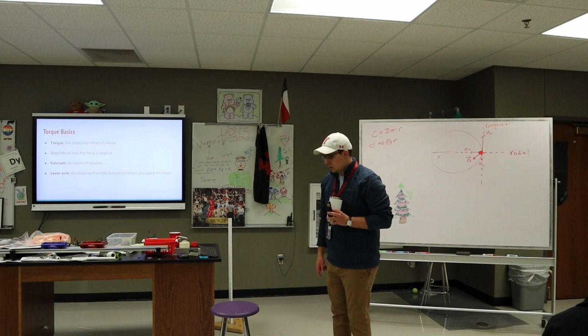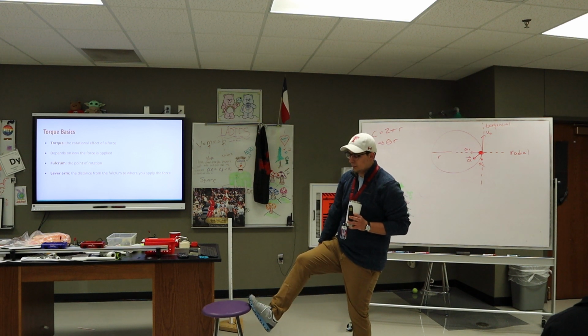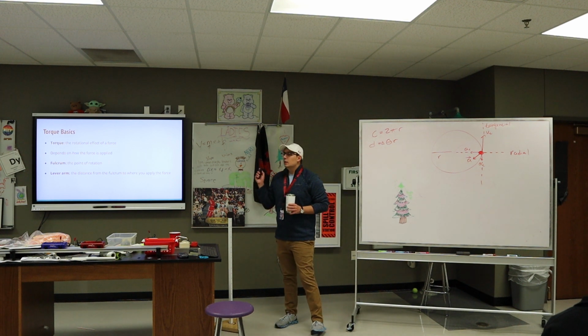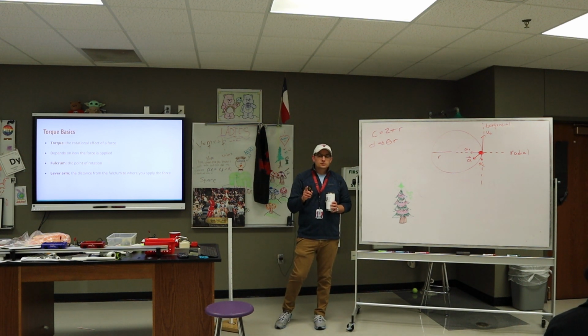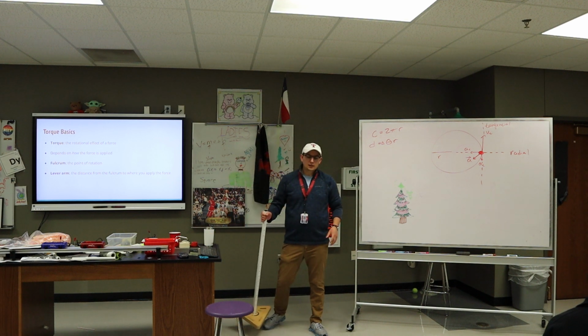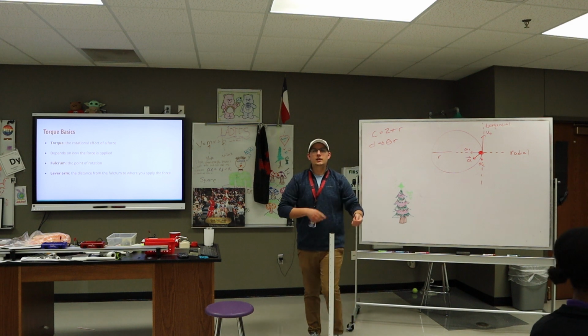So if I push it down low, my lever arm is shorter than if I push it up top. You see that? Be careful with your lever arm. You want to make sure you're always measuring exactly from the point of rotation to the fulcrum. Here's an example of when that gets tricky, and AP likes to trick you with this kind of stuff.